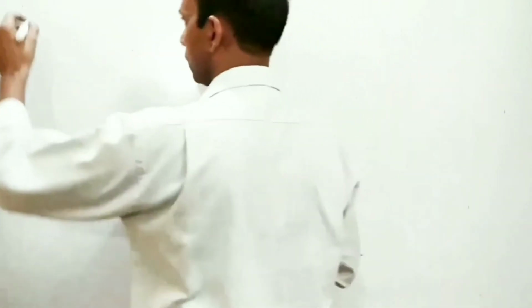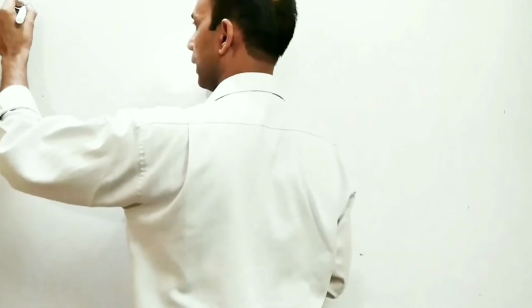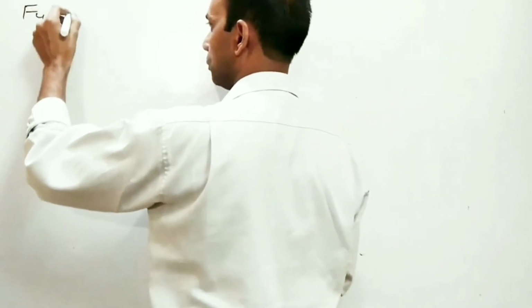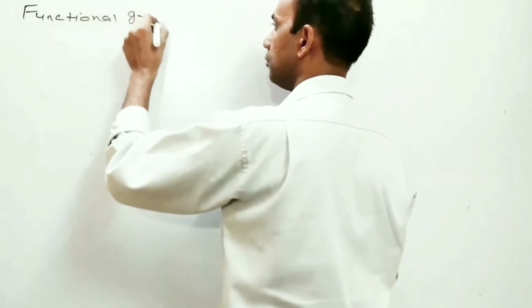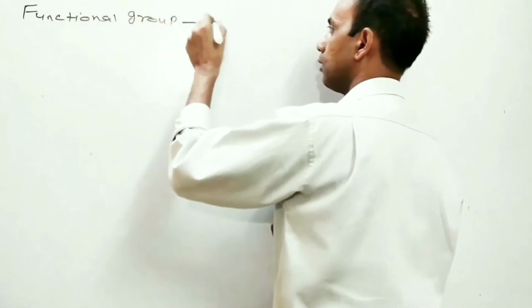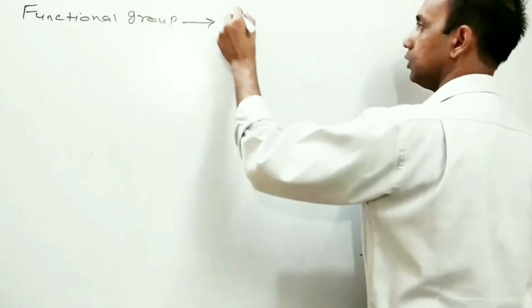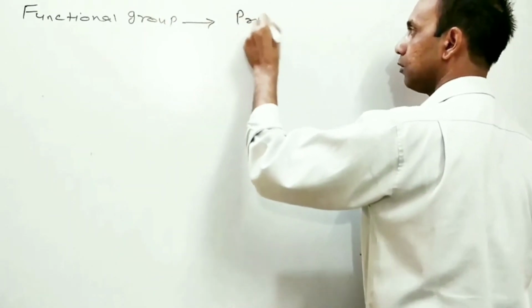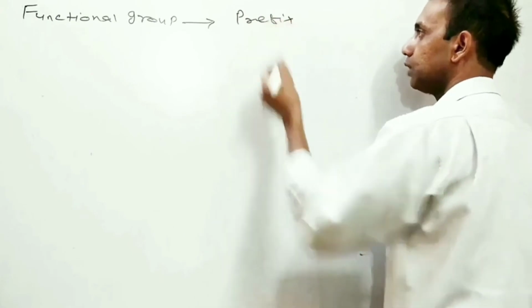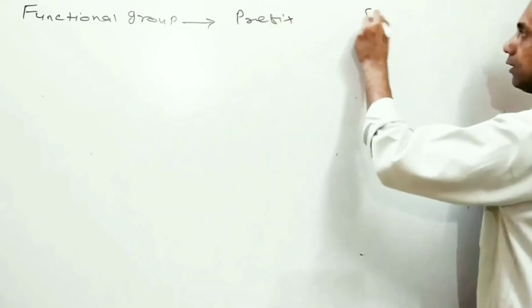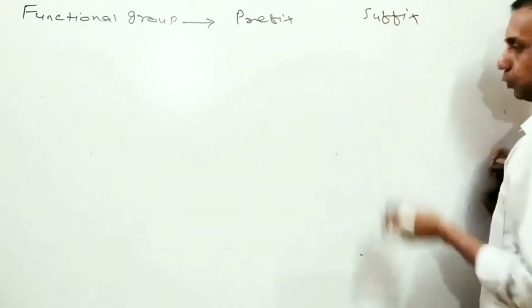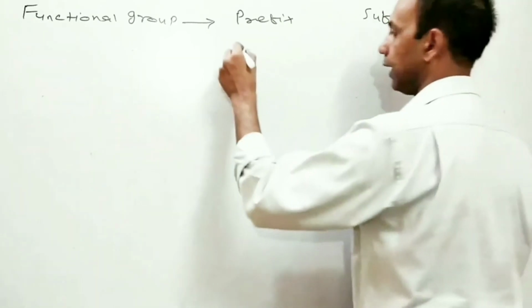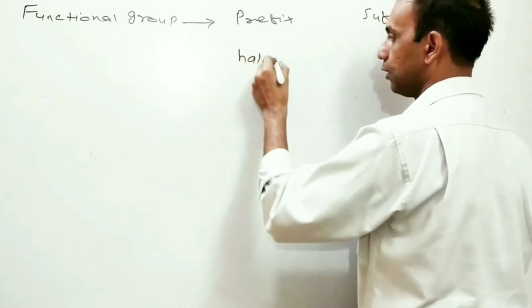There are two types of functional group. There is prefix group, which means you can use them as prefix, and then there is suffix group. Prefix groups are halogens. All the halogens are prefix groups.